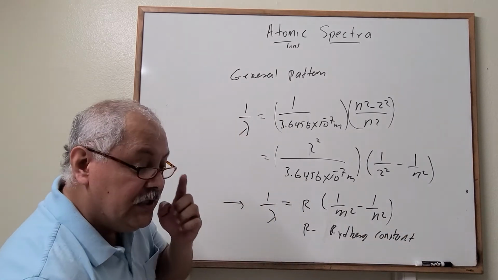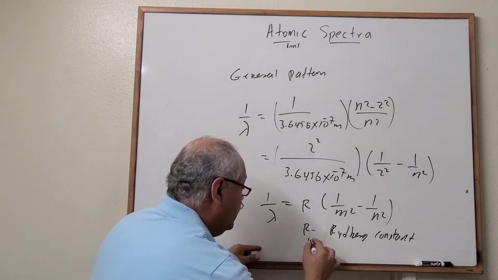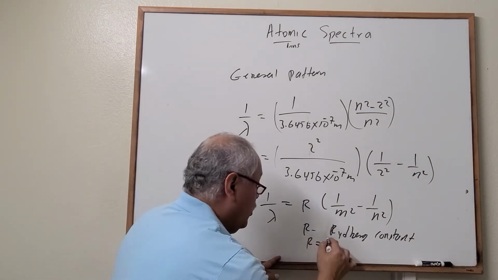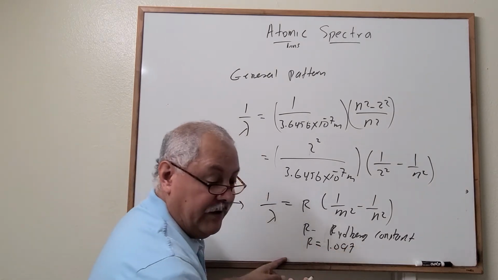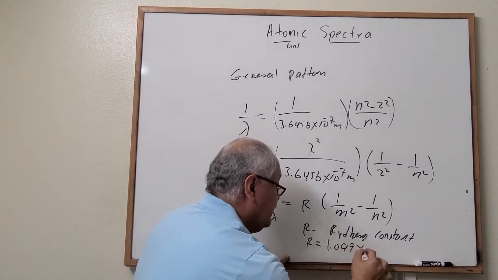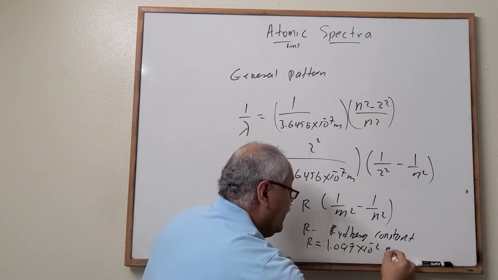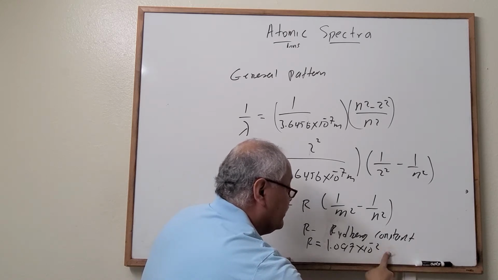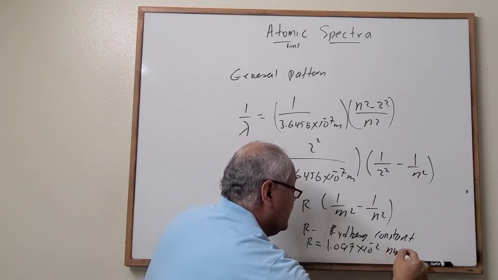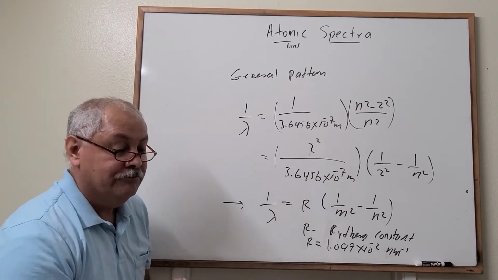And for hydrogen, this is the value. R is equals to 1.097 times 10 to the negative 2 per nanometers, nanometers inverse. Correct.